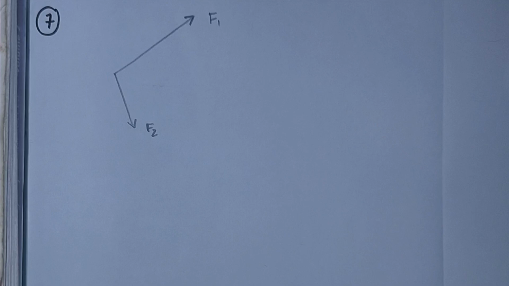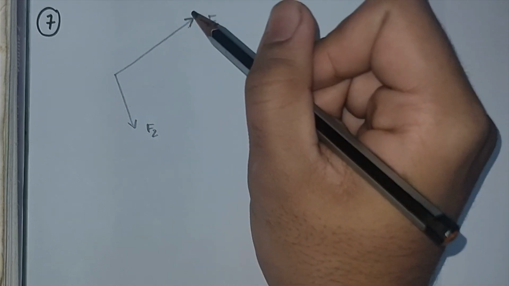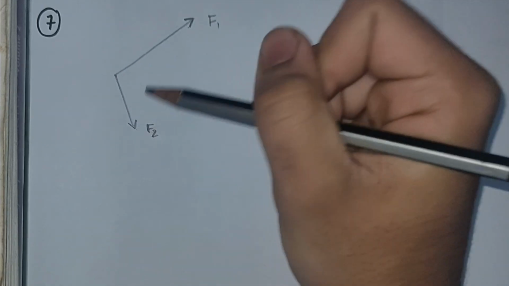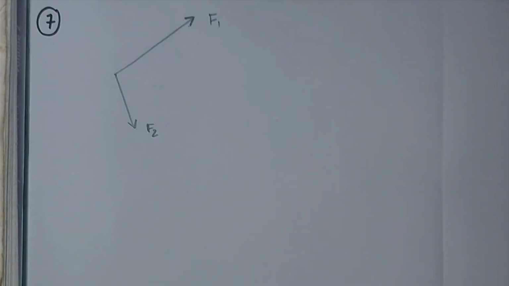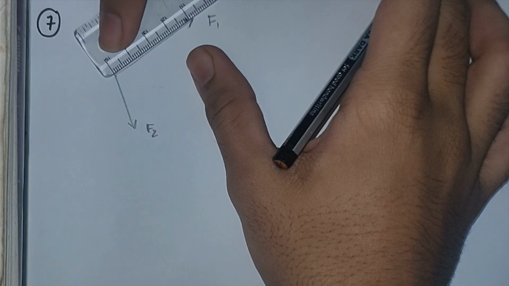So how do you draw a resultant in reality? We take one of the forces and we keep its tail on the arrow of the other force. So like if I take F1 over here, maybe I use a scale or a ruler.